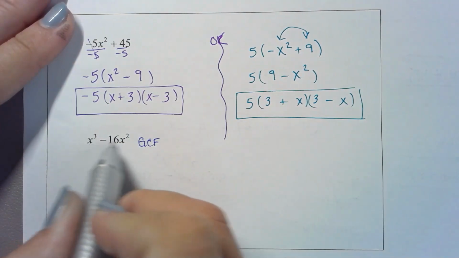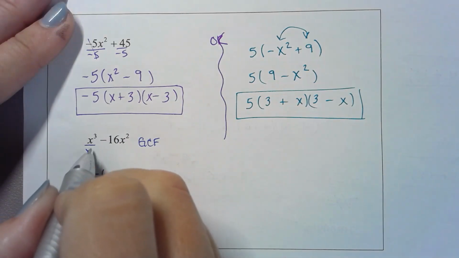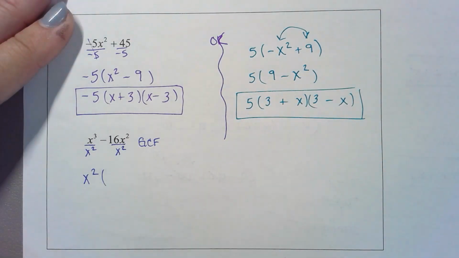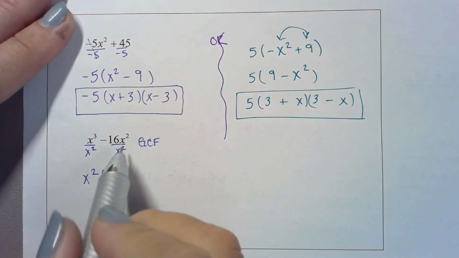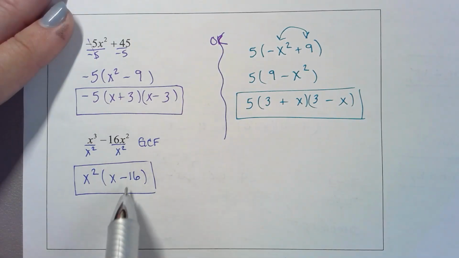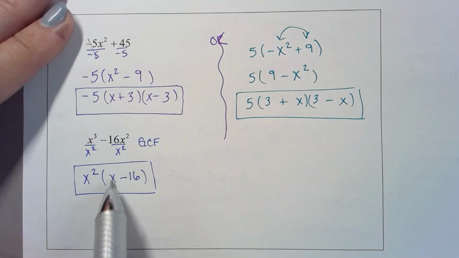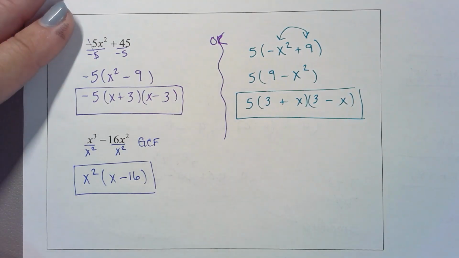They both have at least 2 x's, so they both have x squared in them, which means I'm going to divide both of these by x squared, which leaves me with an x to the first minus 16. This is no longer a difference of squares. This does not say x squared. This is just a linear factor. It says x to the first. So I don't need to worry about that one anymore. It's done. Sometimes just pulling out a GCF factors it completely.